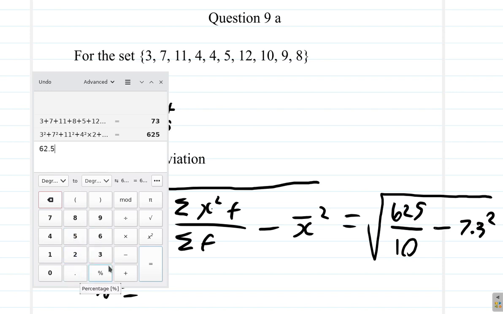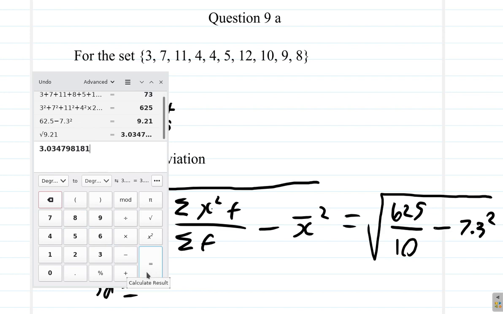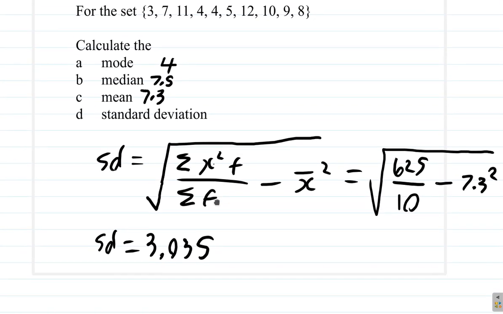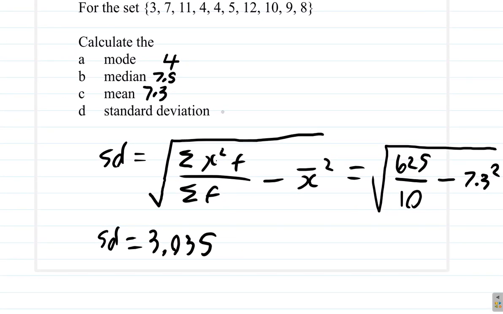That's 625 over 10, 62.5 minus 7.3 squared will give us 9.21, and the square root of that is 3.035. Even though I use the calculator to work out some of it, remember in exam you must show everything, show full complete working. So the standard deviation is 3.035.